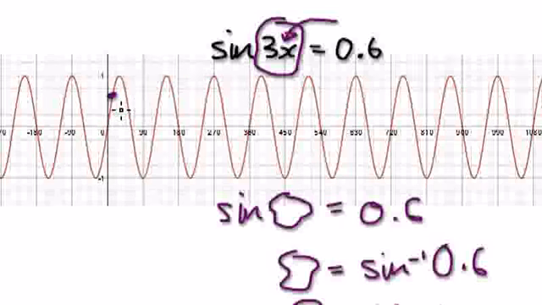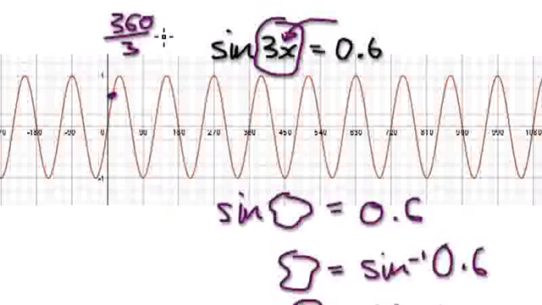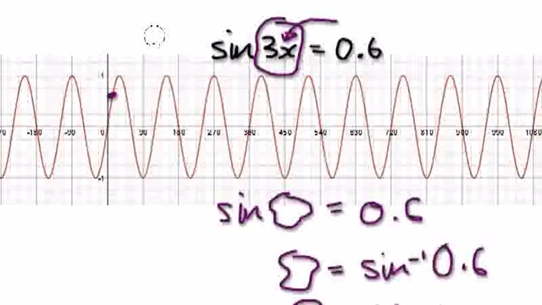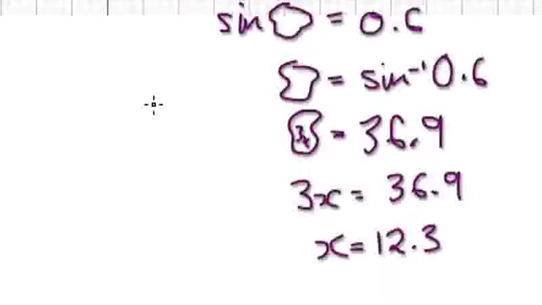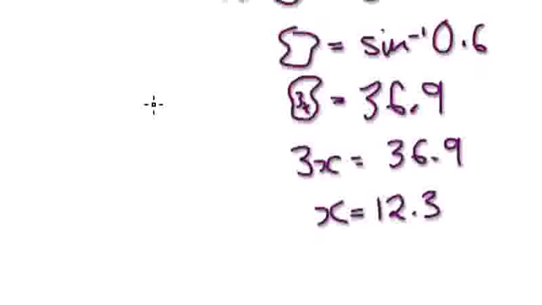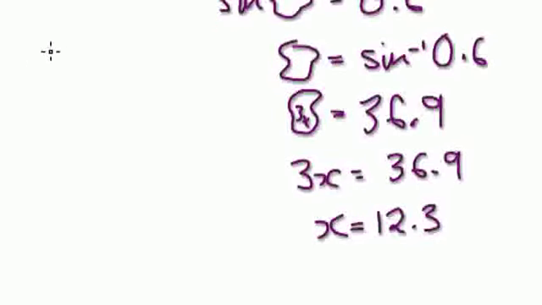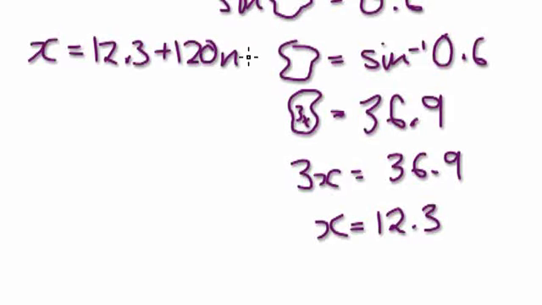Remember we can't add 360. We have to add 360 over 3, which is 120. Remember that the period is 120. So hang on, we can write x equals 12.3 plus 120n.